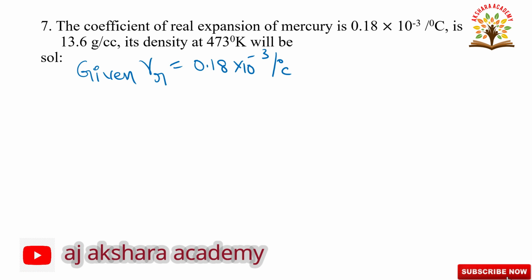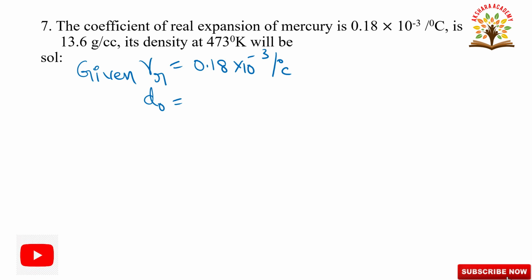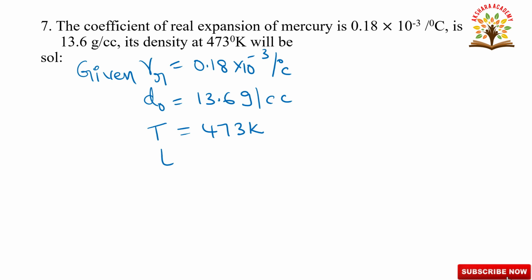Density at 0 degree centigrade is equal to 13.6 gram per cc. T is the absolute temperature 473 Kelvin. Converting into Celsius, 473 minus 273, it becomes 200 degree centigrade. So dt is equal to d naught of (1 minus gamma T).